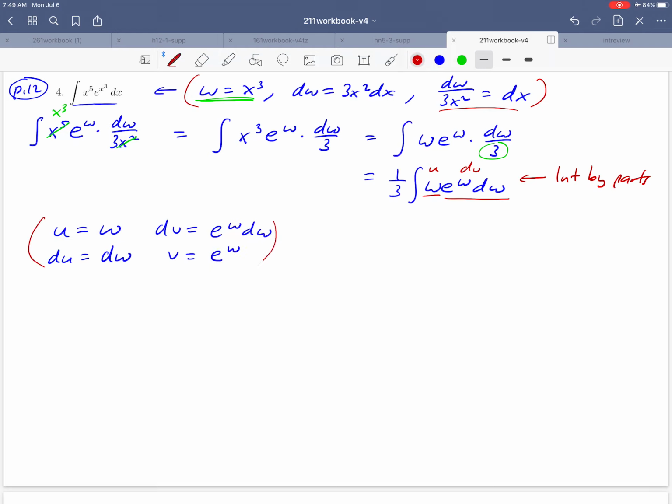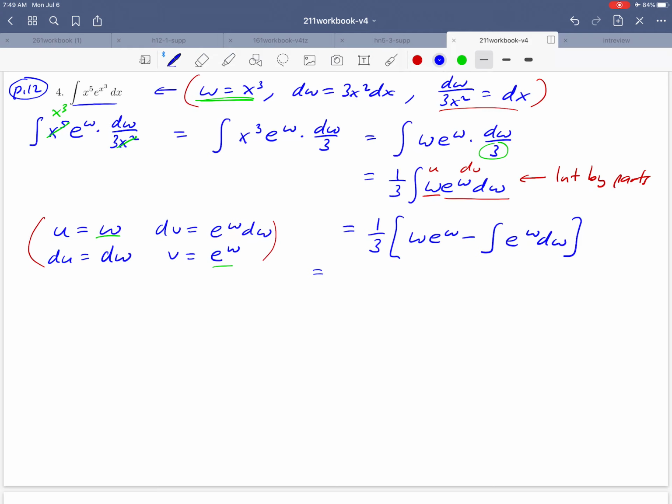And so, continuing on, this integral that we have, if we write out the integration by parts formula, we've got a 1/3 in front, and then the integration by parts formula tells us uv, that's going to be w times e to the w, minus the integral of v du, that's e to the w times dw.